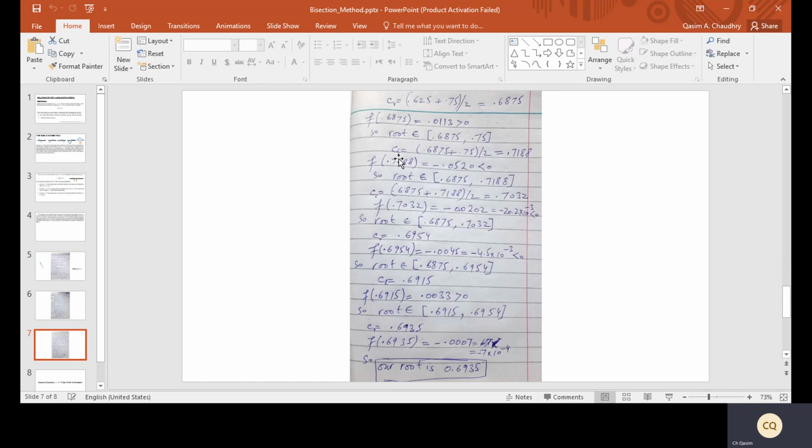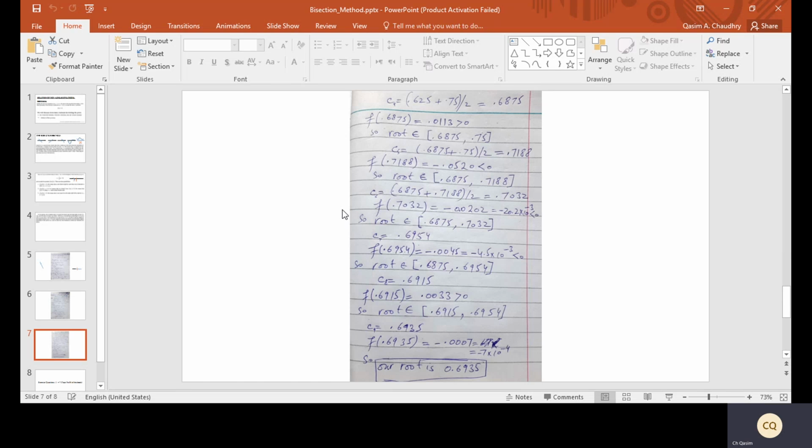Now once again, c5 is equal to 0.7188. Now, what is the value of f? f is 0.0520. Again, this is less than 0, and this was positive. This is negative, this is positive. So the root lies between 0.6875 and 0.7188.